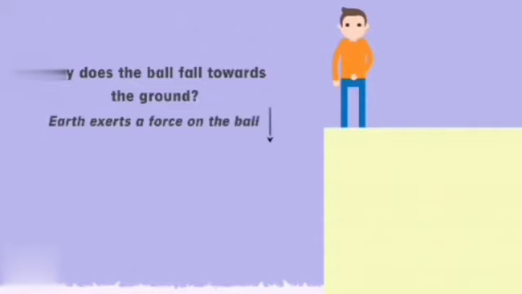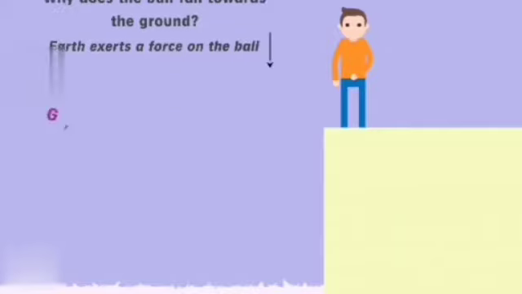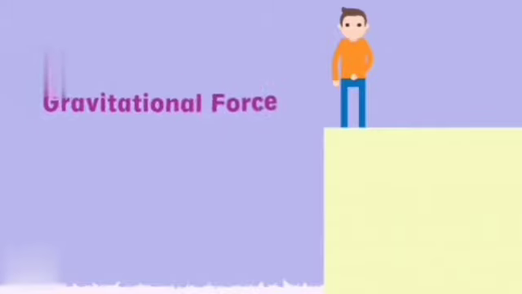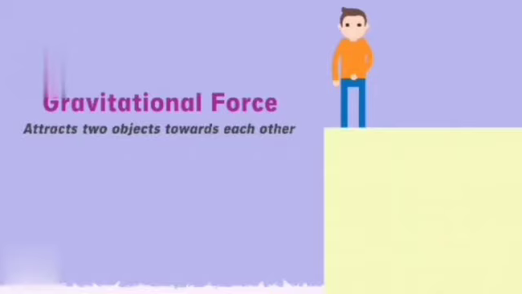The earth always pulls objects towards it. This force that the earth exerts on an object is called the gravitational force. This force is attractive in nature. That is, it attracts two objects towards each other.